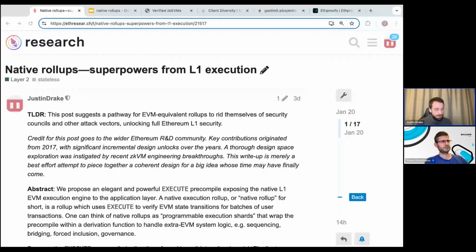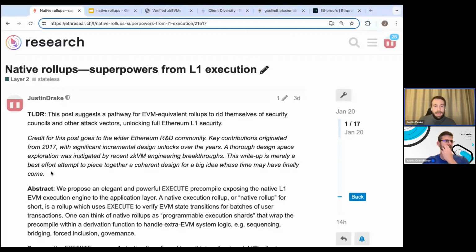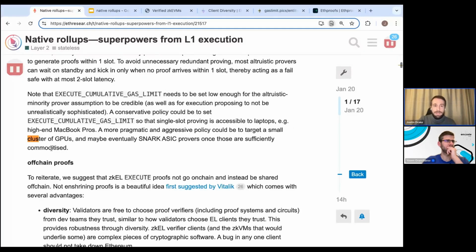Now, the question then becomes, on the prover side of things, what are the kind of machines that we're expecting to be using? And I have a sentence here basically talking about this. So if we want to be super conservative on the gas limit, then we can make the proving be accessible to laptops.